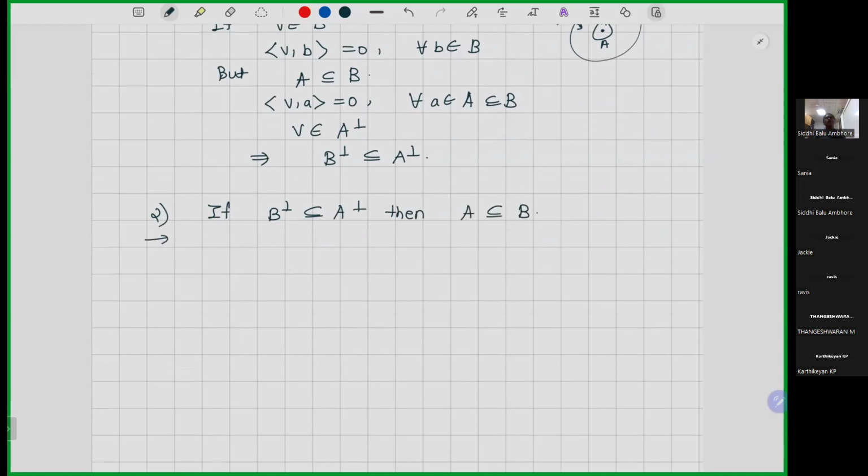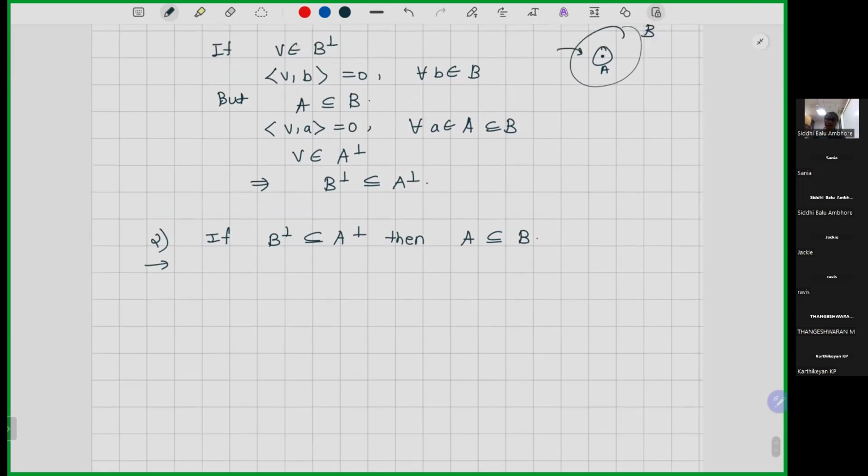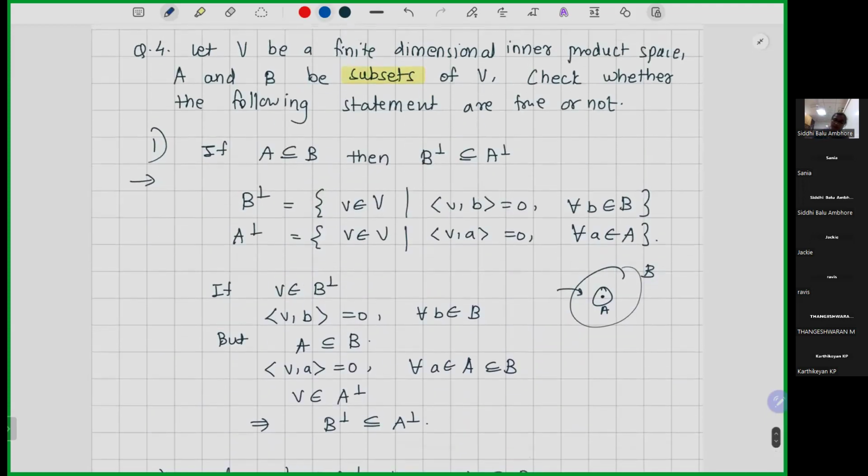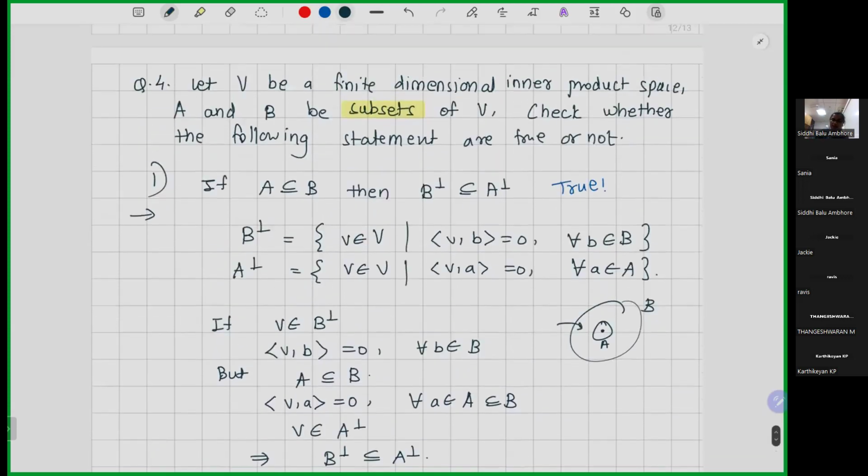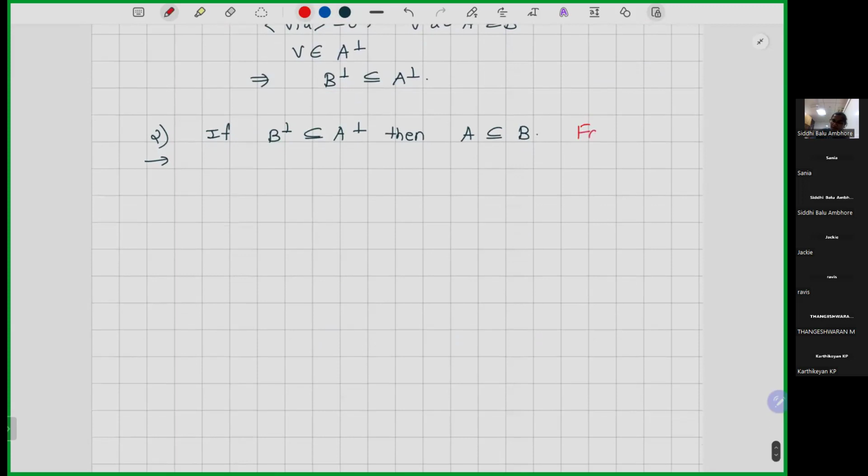Can you give me counterexamples? As you correctly guessed, it is not true. The converse of this statement is not true. So this statement is true, and we are now talking about its converse. Sir already said that it is false, so let me write false here. But I would like to see a counterexample for this.